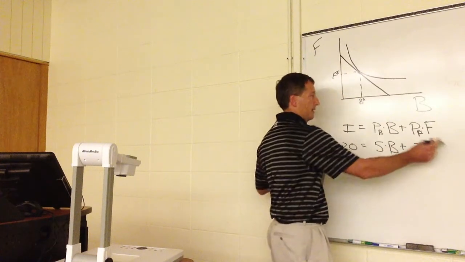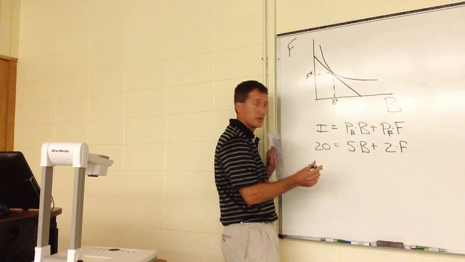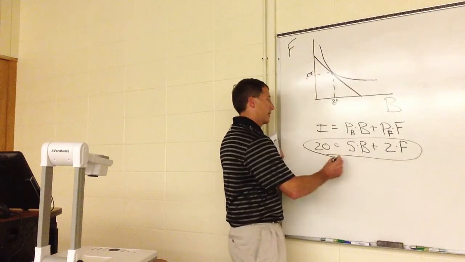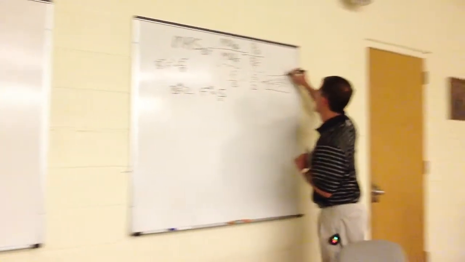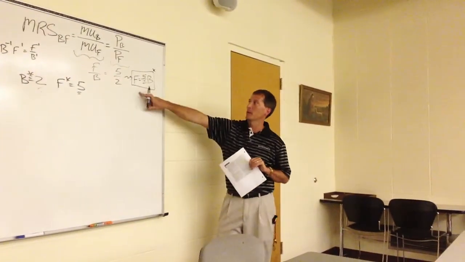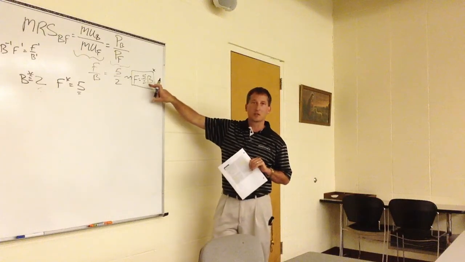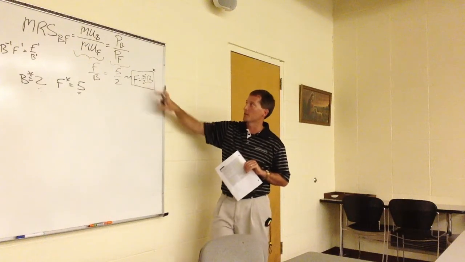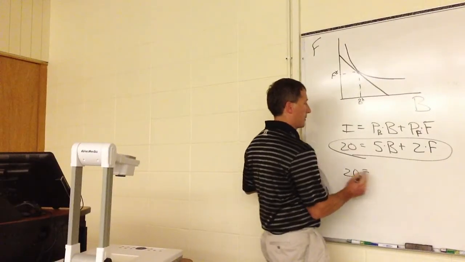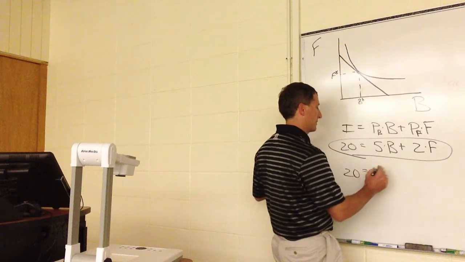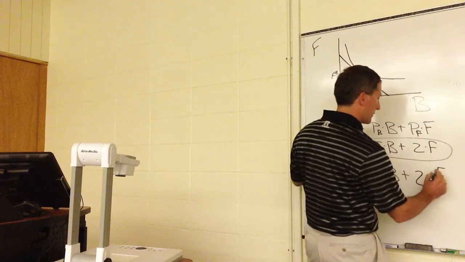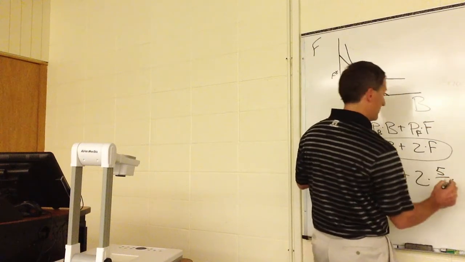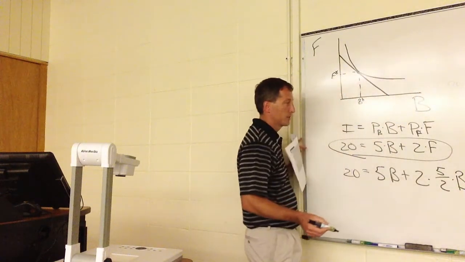Now I've got 2 equations and 2 unknowns, right? There's the budget constraint. Here is our optimal condition, first order condition, for consumer equilibrium. Now I can substitute fries equals 5/2 of B into this equation. So 20 equals 5B plus 2 times F, but F we know is 5/2 of B, the quantity of burgers.